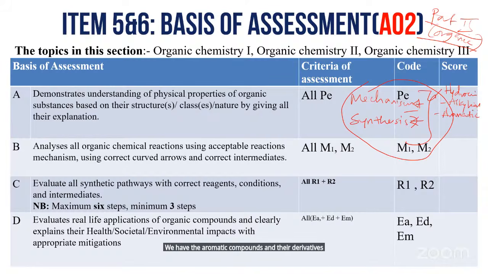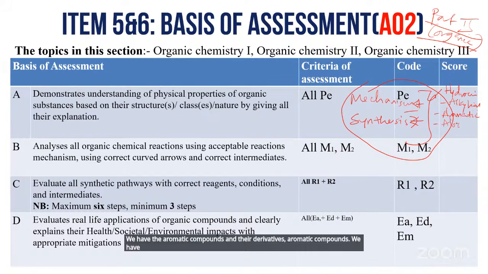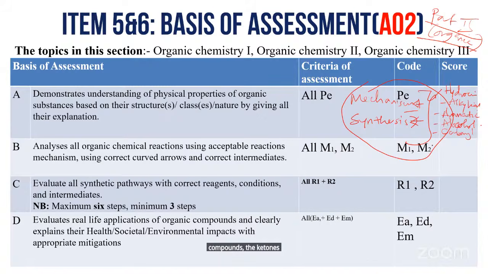We have the alcohols and phenols, we have the carbonyl compounds, the ketones and the aldehydes. We have the carboxylic acids. We have the amines. Then finally, in the last topic, organic 3, we have the polymers and polymerization.